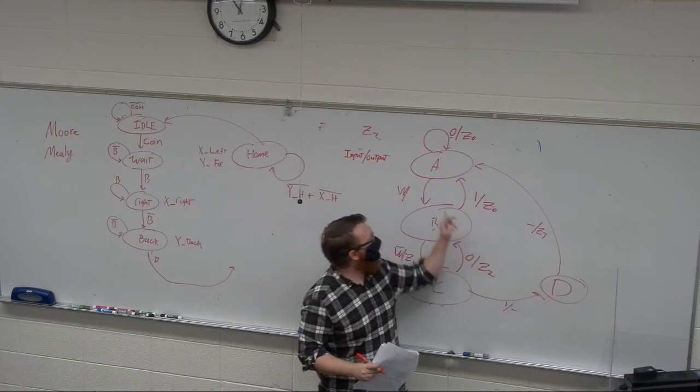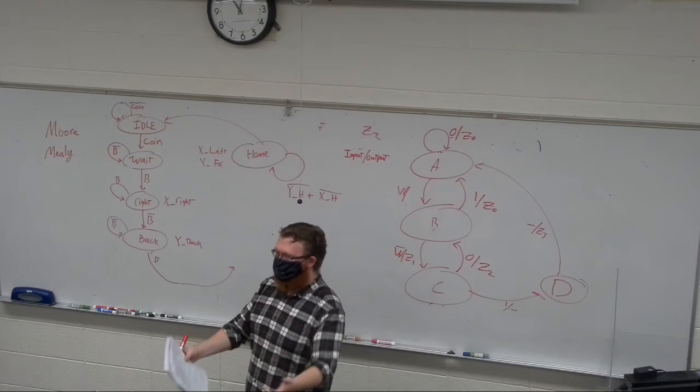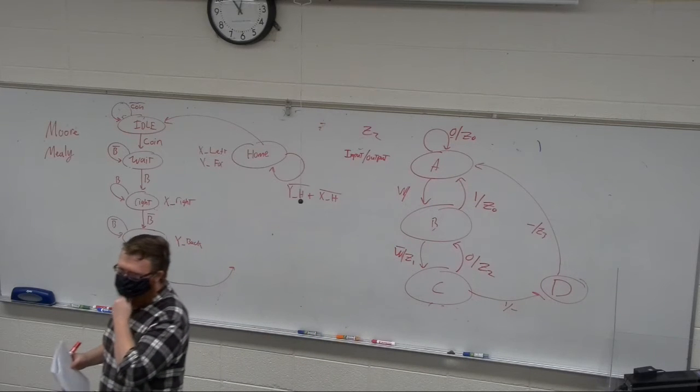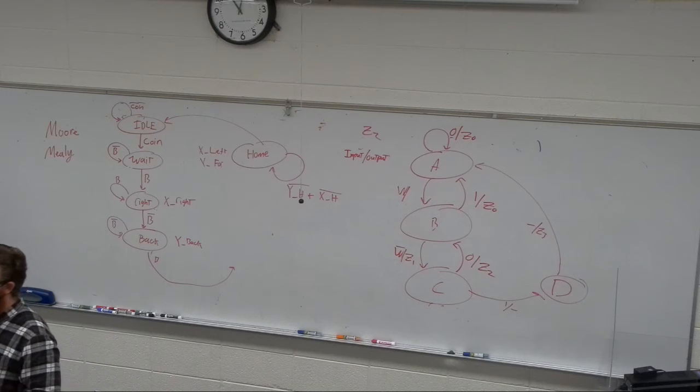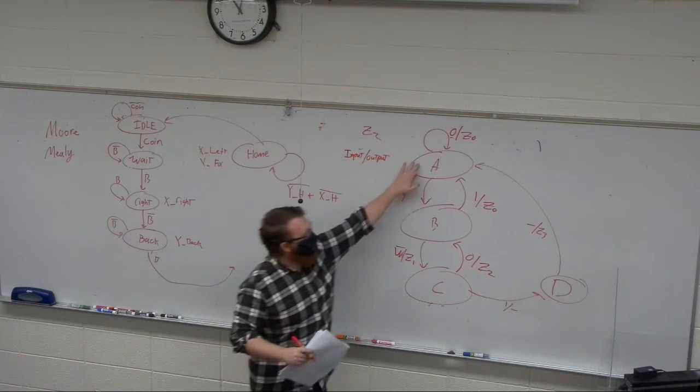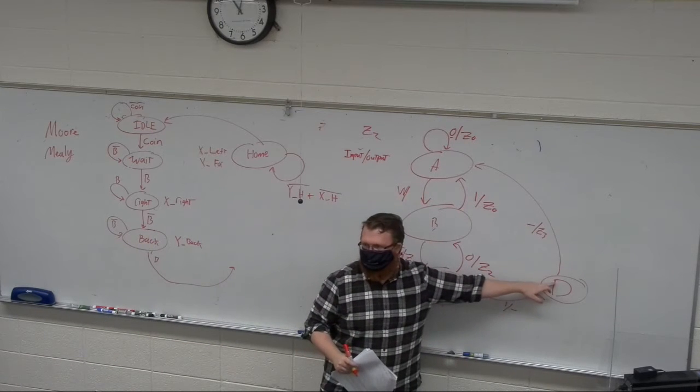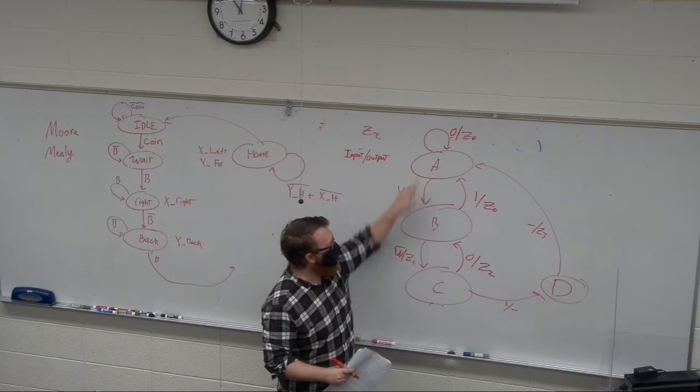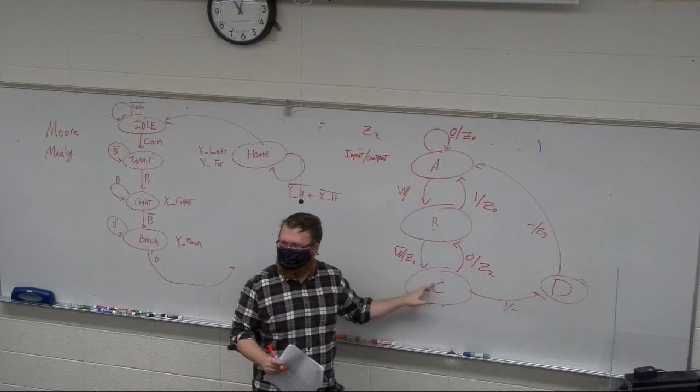Right? Because both of them have a next state of A. So they should be adjacent numerically when I make these numeric assignments to these states. So instead of 0, 1, 2, 3, by this rule, it should be reordered.